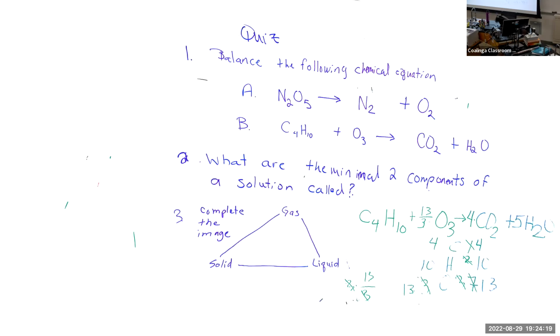So we have to do what? We have to multiply everything by 3 to get rid of the denominator. You guys remember getting rid of the denominator, right? So then we multiply everything by 3.